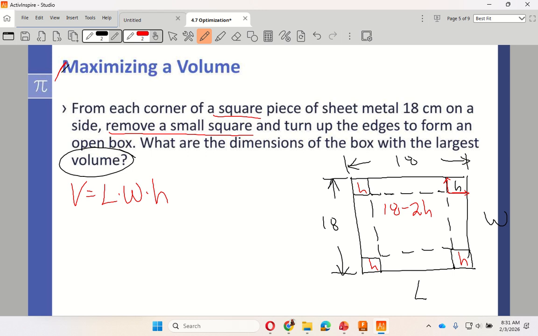For both sides here. So whatever this is, I'm going to have 18 minus 2h times my width, which is 18 minus 2h, times my height, which is h.